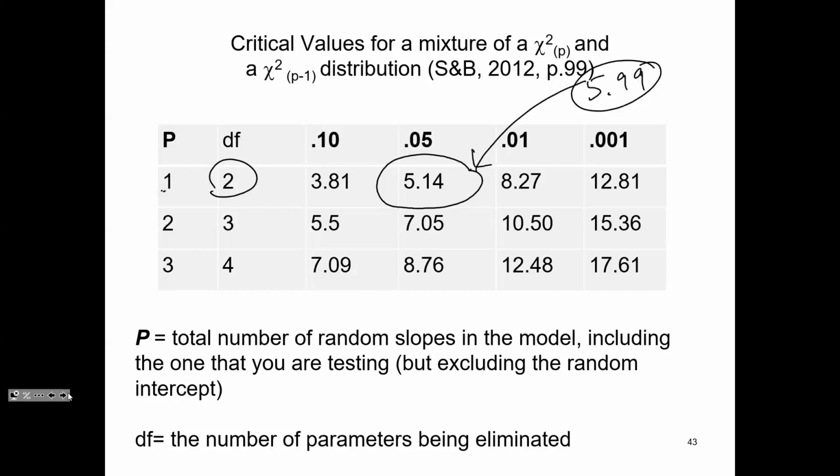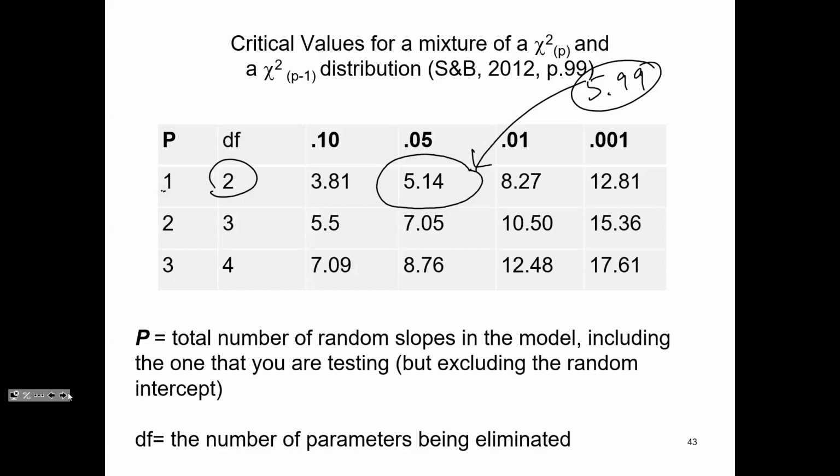But this is saying technically, and again, do you lose sleep over these things? I maybe do, but maybe I shouldn't. Technically, the critical value of chi-square should be 5.14, not 5.99. And that little adjustment down is because it's totally fair to use the regular chi-square for the covariance component, but it's not totally fair to use the chi-square for the variance component.